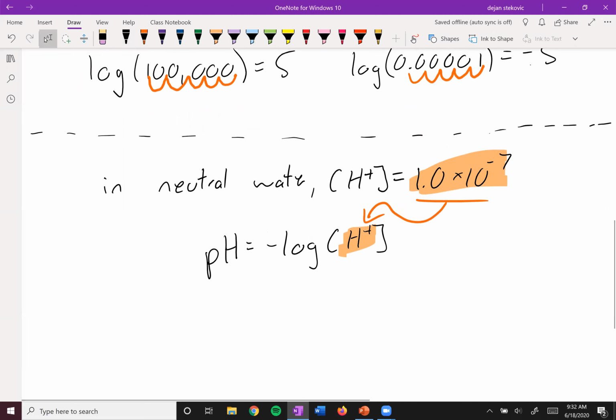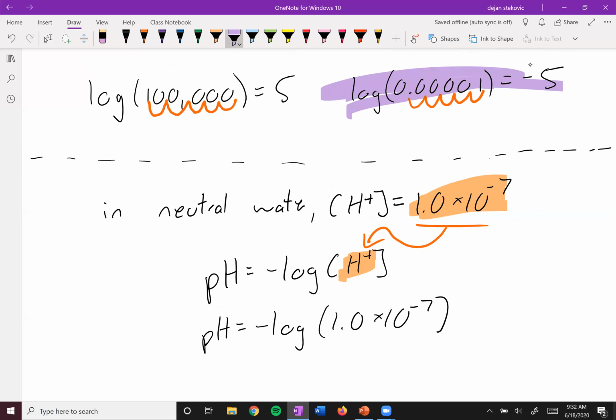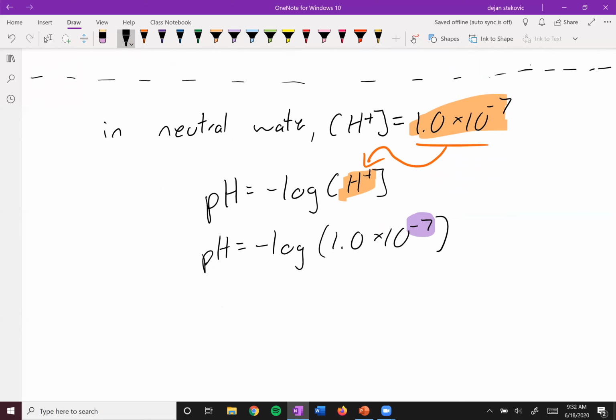What you'll get is the pH is equal to the negative log of 1.0 times 10 to the -7. Here we have a small number, and we're moving our decimal spot 7 places over. So the log of that is going to be -7. Then we have this negative component here, so that's going to cancel out, and the pH is 7.